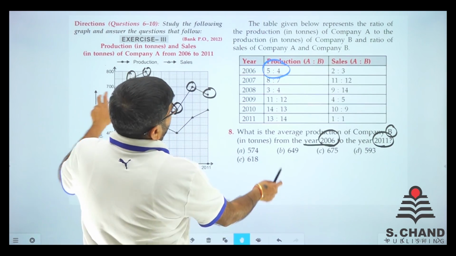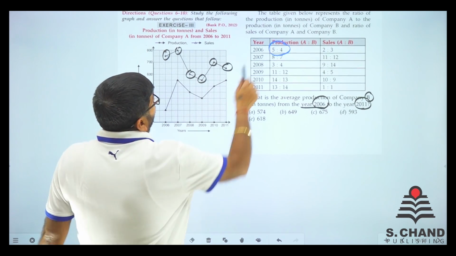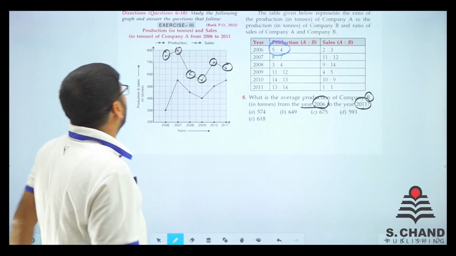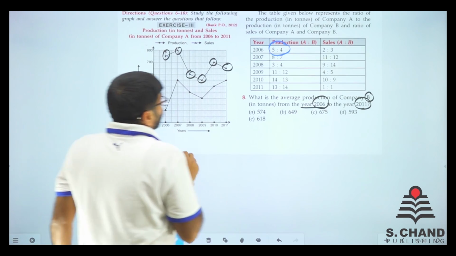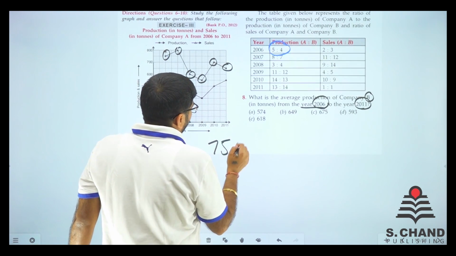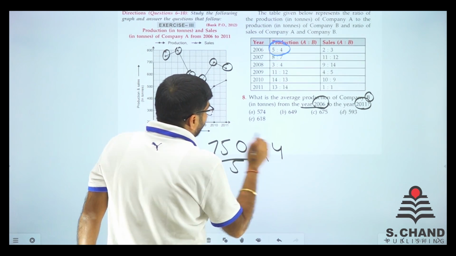Okay. So just making some space. Here we go. Okay. And I told you earlier that divide by 9. No. Because this part is A. So I'll start with this 2006. So for 2006, the value is 750. So what I'll do is 750 divided by 5 into 4. Why so?